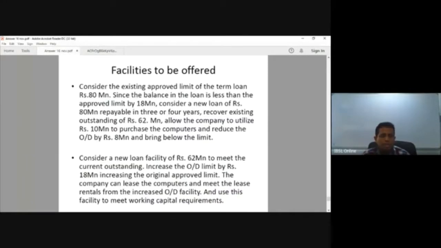If you elaborate on that, consider a new loan facility of 62 million to meet the current outstanding, and increase the OD limit by 18 million over the original approved limit. The company can lease the computers and meet the lease rentals from the increased OD facility and use the facility to meet the working capital requirements.